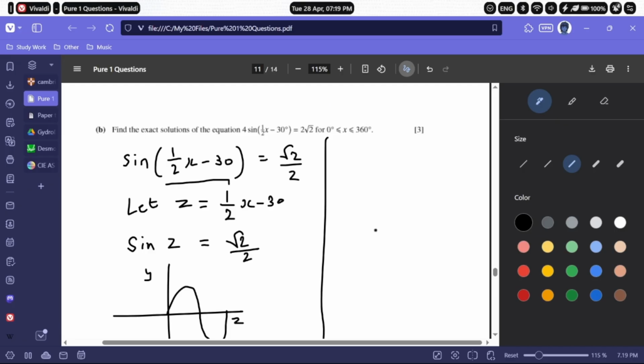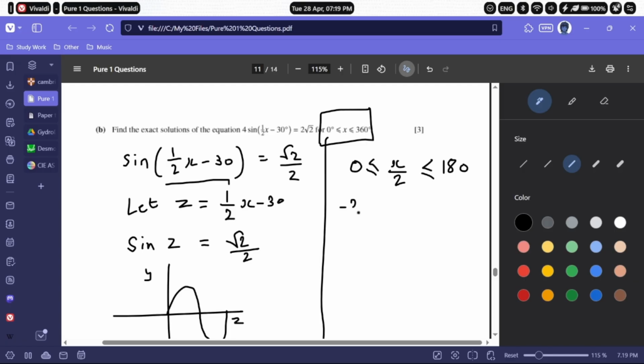Now here's the thing. This domain over here is in terms of x, but you'd have to find out the new domain, which is in terms of z. So you'd start by multiplying with 1 by 2. So 0 less than or equal to x over 2 less than or equal to 180, and then you do minus 30, so that you get the new domain for z.